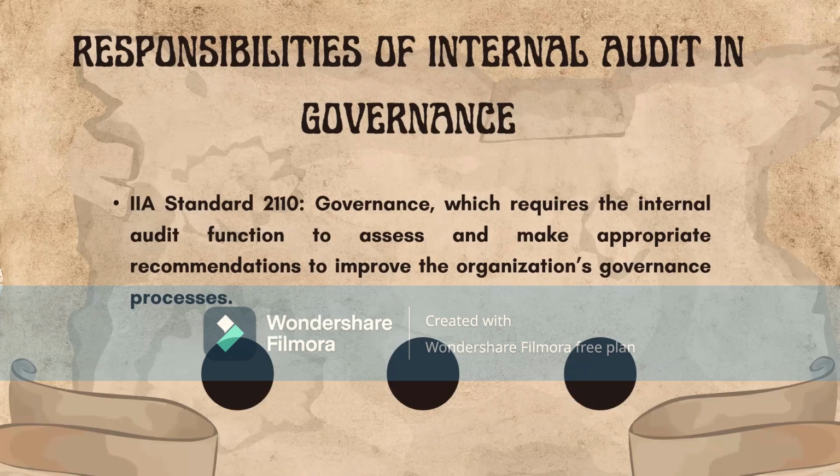So the responsibilities of internal audit and governance in accordance with the IIA Standard 2110 is it requires the internal audit function to assess and make appropriate recommendations to improve the organization's governance processes.